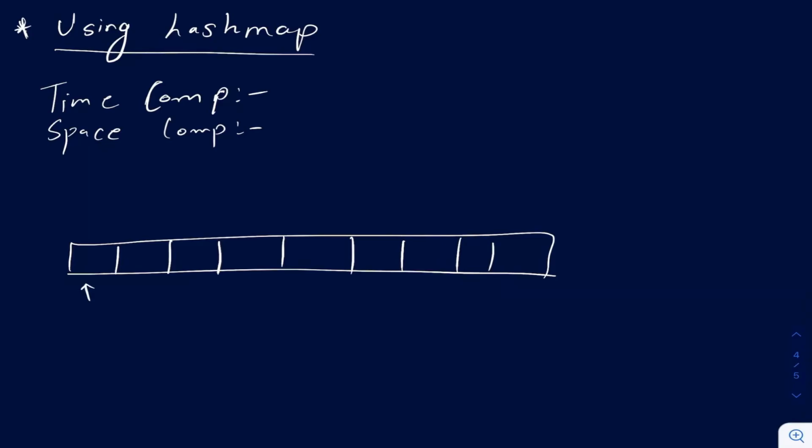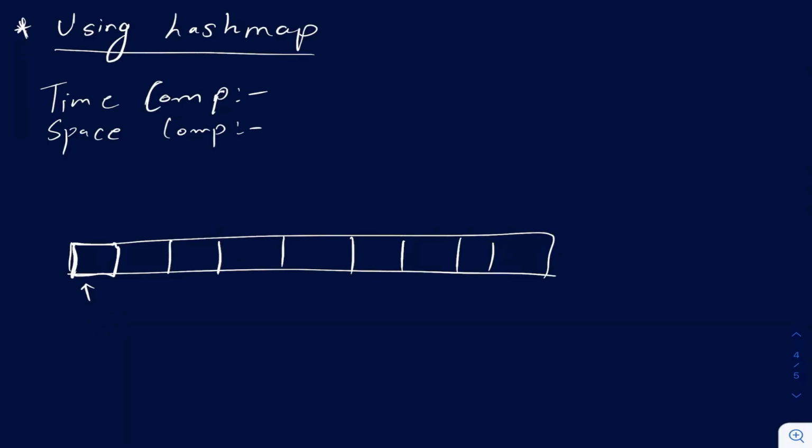Now we maintain one hash map which is initially empty, and we check if the element which I am visiting is already present in this hash map, then that means that my pair is already there, right?